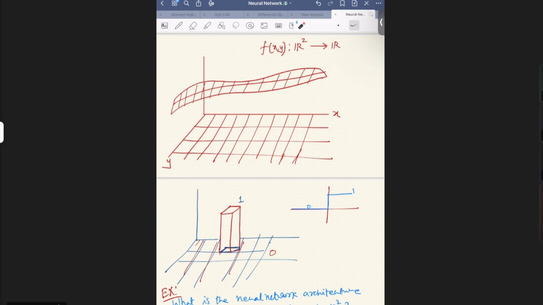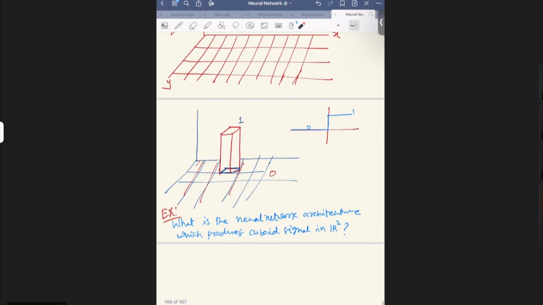More than several thousands of these building blocks, jointly arranged, construct our function approximation. So this is what the neural network is doing internally.